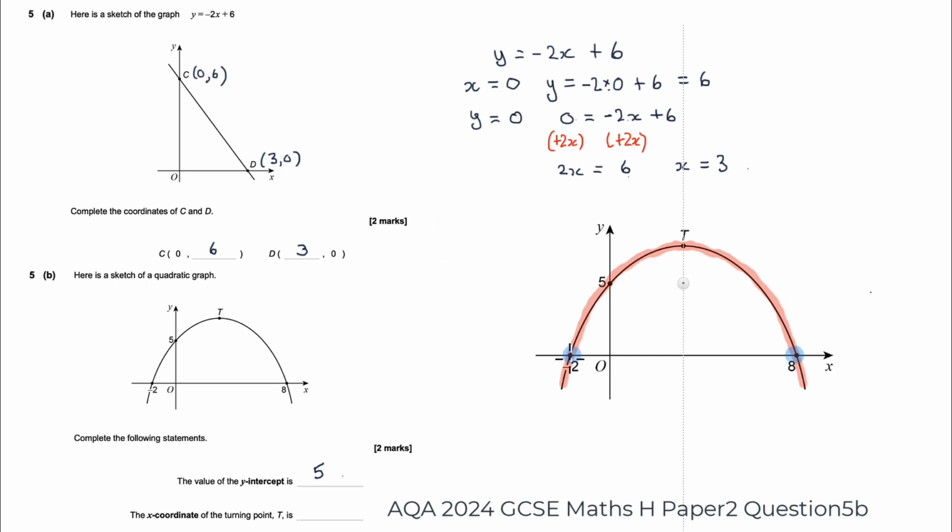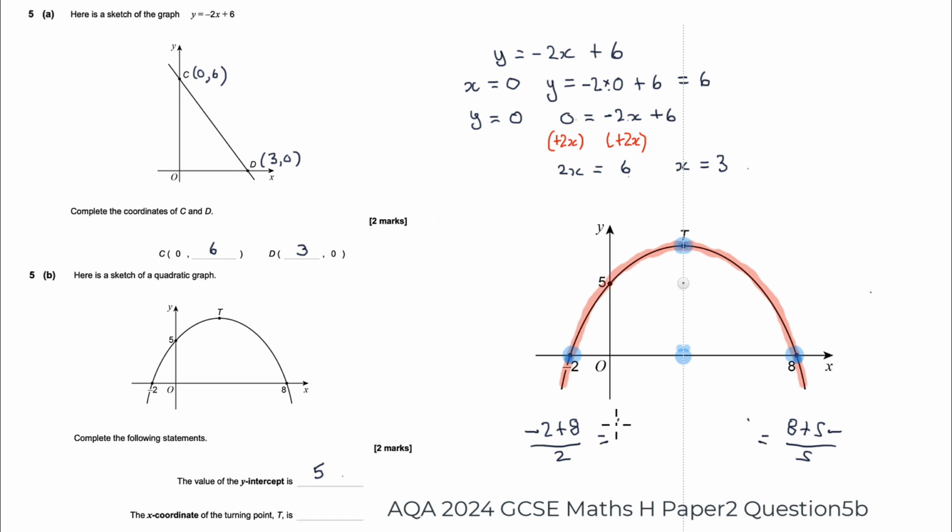So the -2 and the 8, halfway between them, would have the same x-coordinate as the point T. What's the value halfway between -2 and 8? And we can do that by adding up -2 and 8 and dividing it by 2.